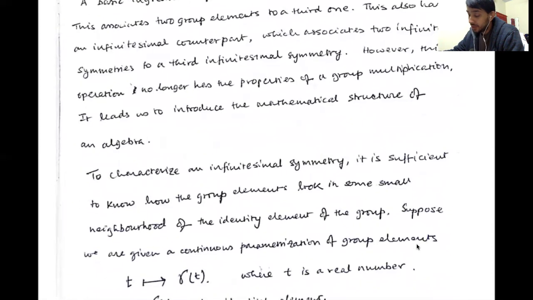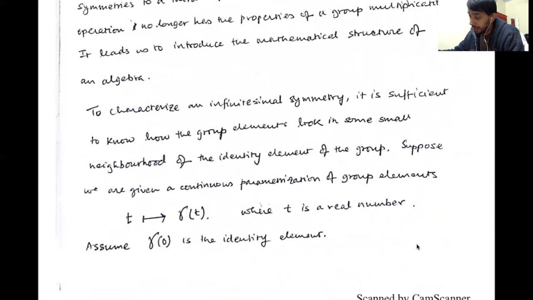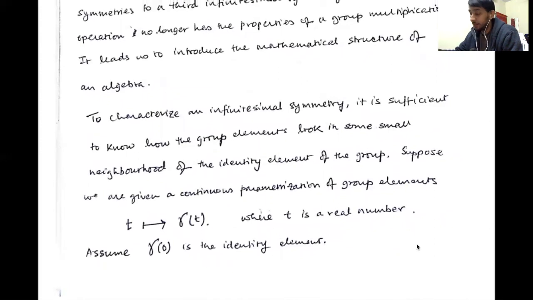We will see this more clearly, but let's just try to understand this a little better, okay? To characterize an infinitesimal symmetry, it's sufficient to look at these group elements in some small neighborhood of the identity of the group. Suppose you're given this continuous parametrization of these group elements.